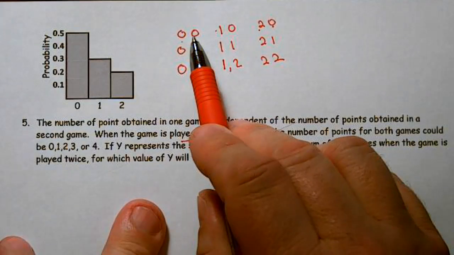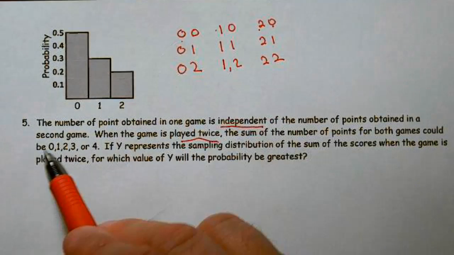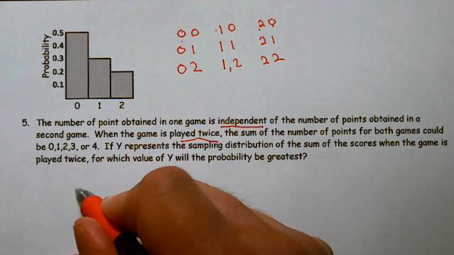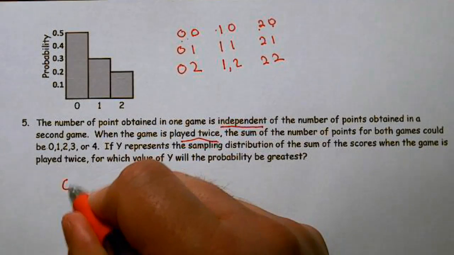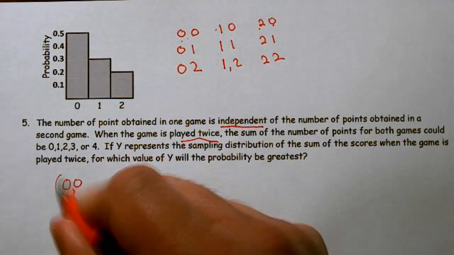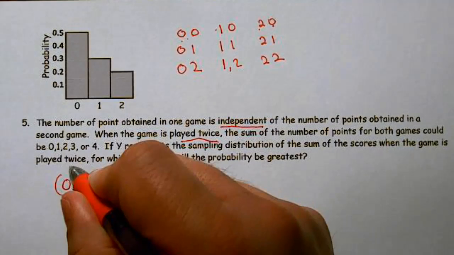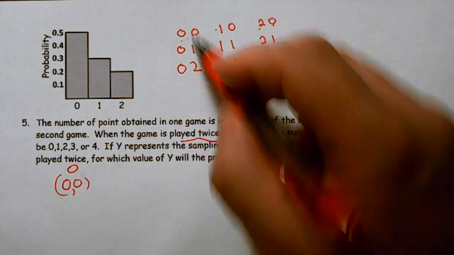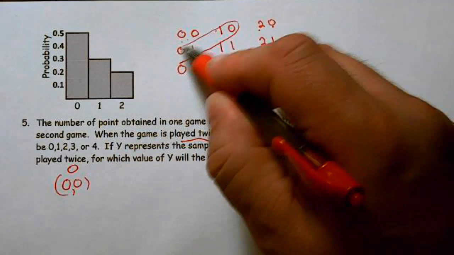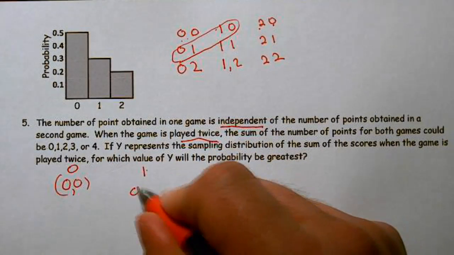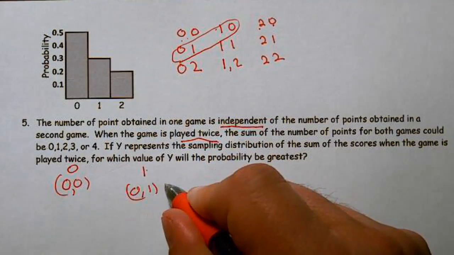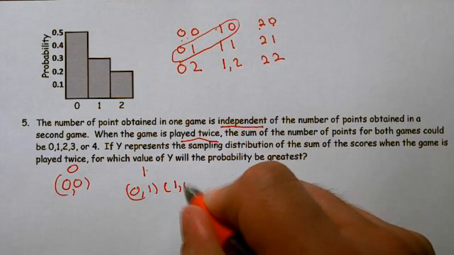Now, 0 plus 0 sums to 0. And it's like, oh yeah, I could get 0. But to get this, I have to get a 0, 0. All right, that will get me 0 points. To get 1 point, it's going to be a 0, 1 or a 1, 0.